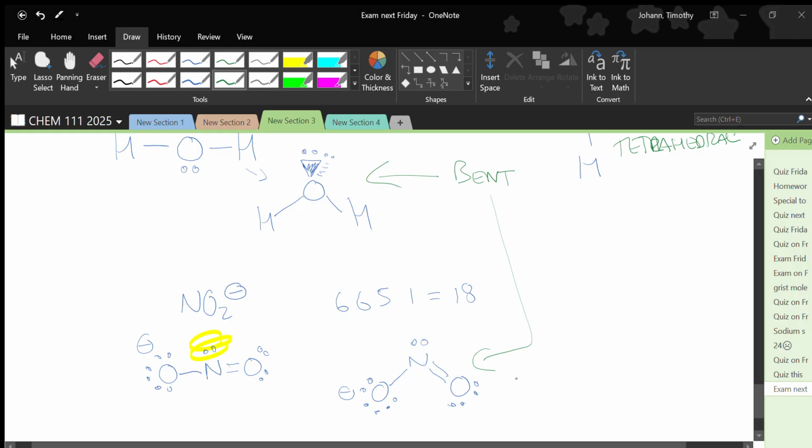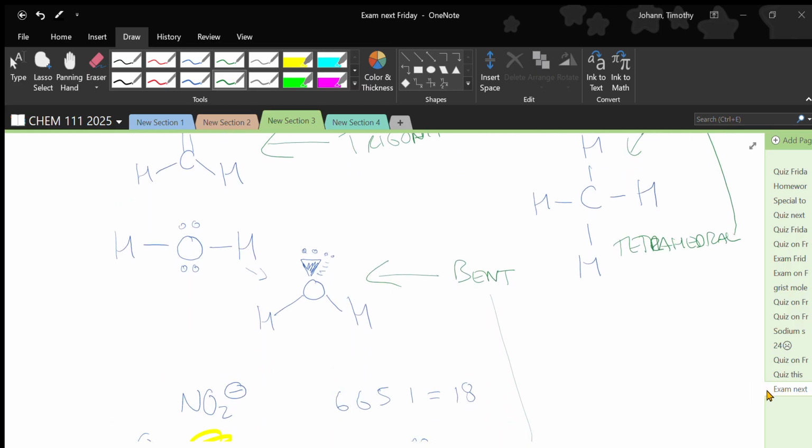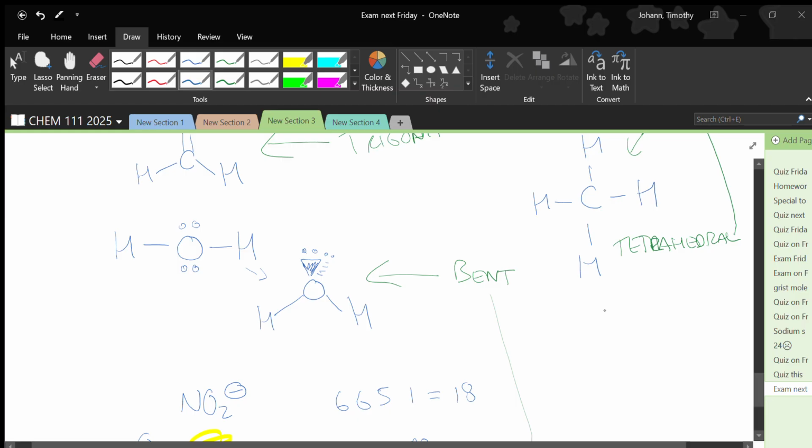All right, so we've got tetrahedral, bent. We could also draw another tetrahedral molecule. It looks like this. This is ammonia. We've seen ammonia before. Ammonia looks like that, right?